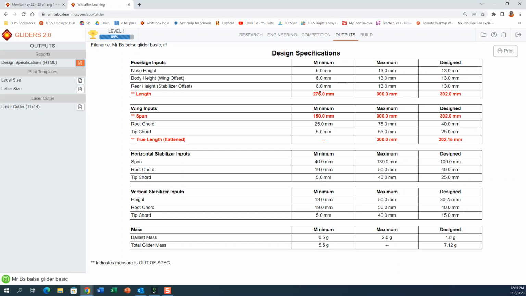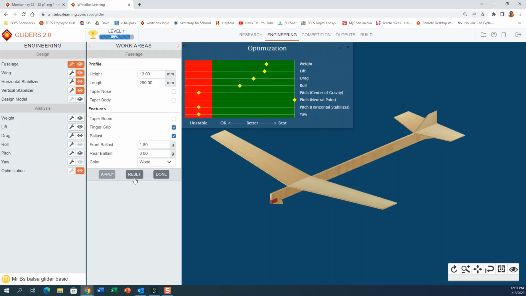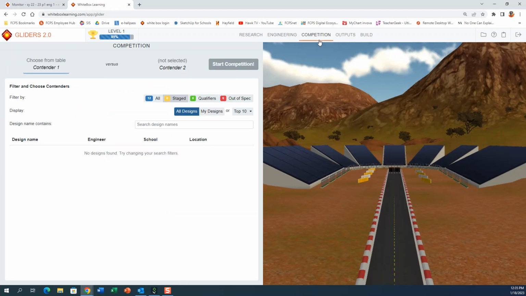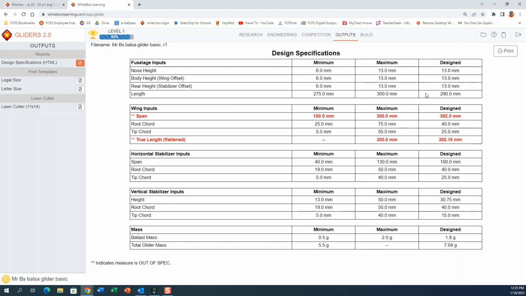We can be between 275 and 300. So let's just worry about the fuselage right now. Here's the length of fuselage. I'll just make it shorter. I'm going to do 290. That gets us in spec, and we can move on.